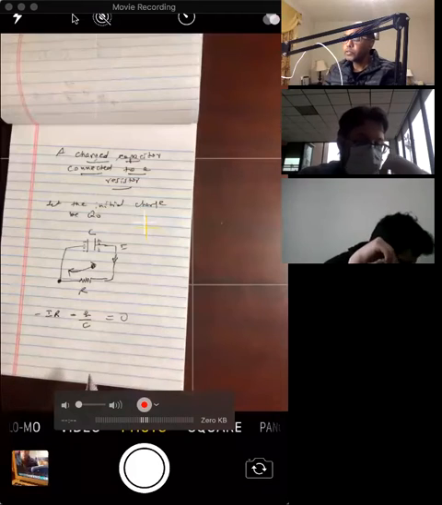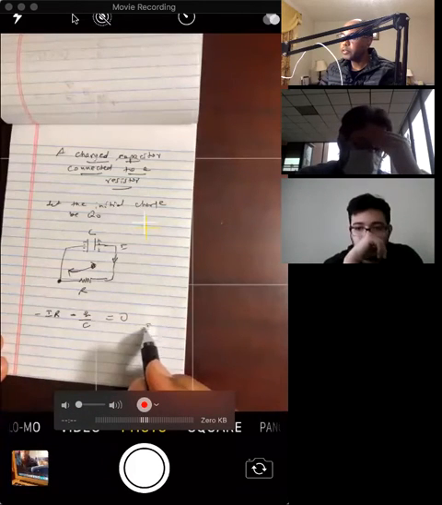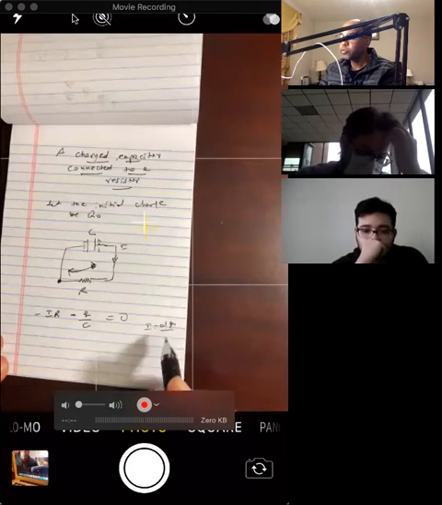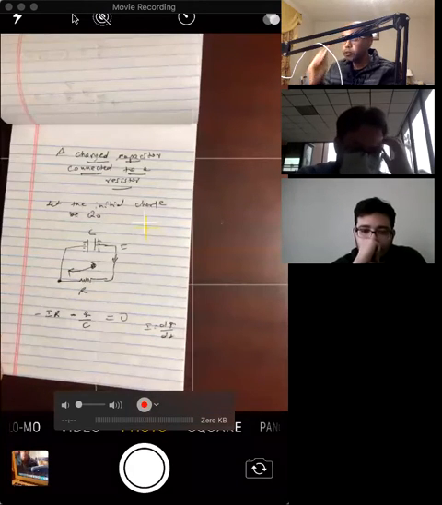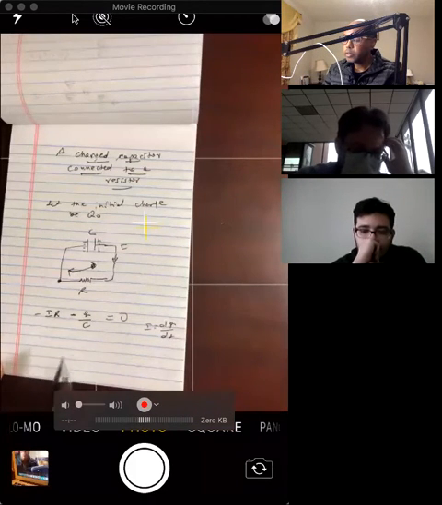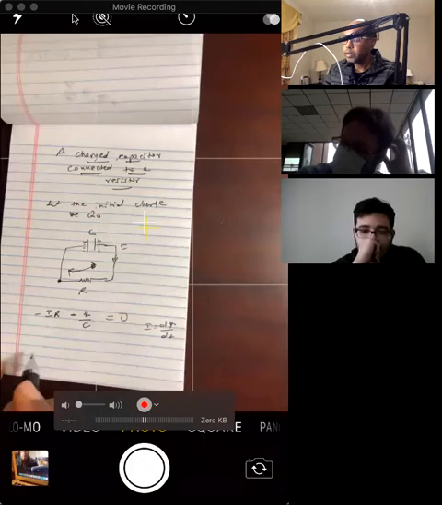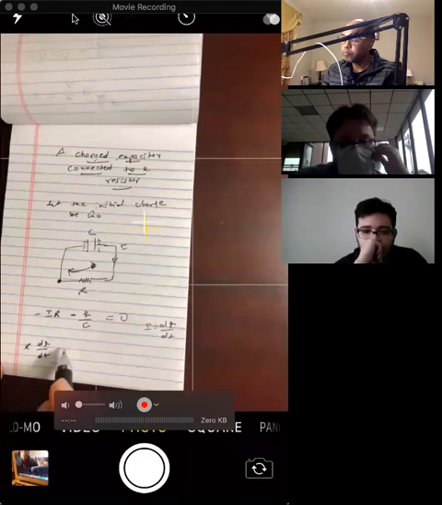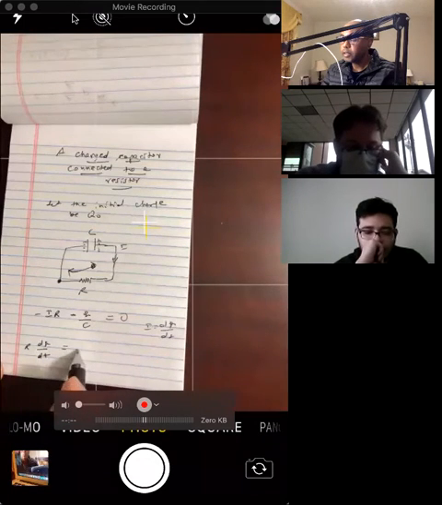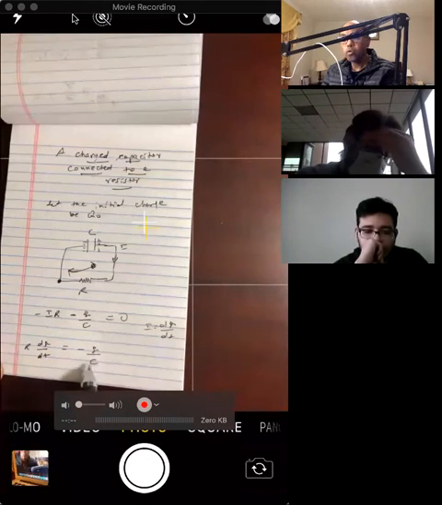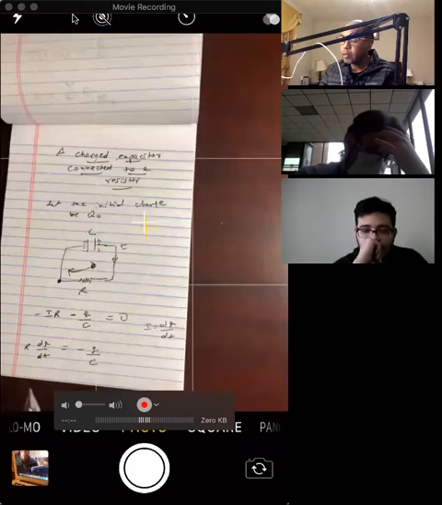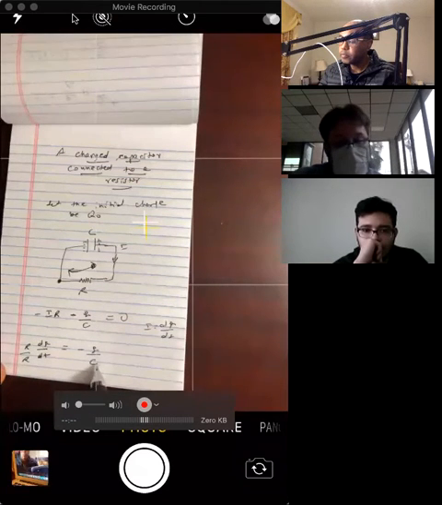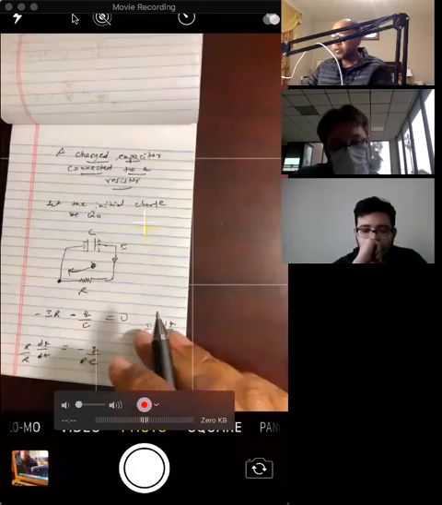Okay. So this is an equation. And remember, current is the derivative of charge with respect to time. So we have the following. Well, let me take off the negative. It will be dQ/dt times R equals negative Q over C. Okay. Now let's divide by R. So we have the following differential equation.